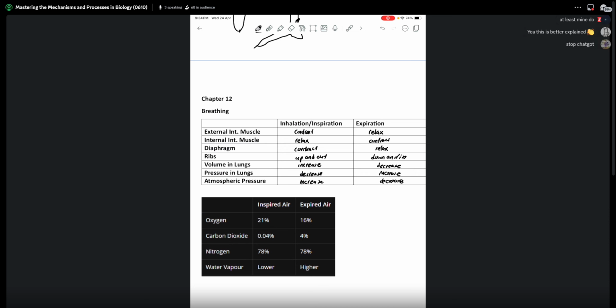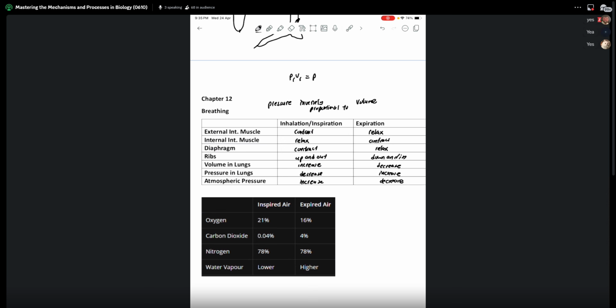Okay, first of all, if you never took physics, pressure is inversely proportional to volume. Anybody take physics here? For those who took physics, I will use this concept so that you can understand better.